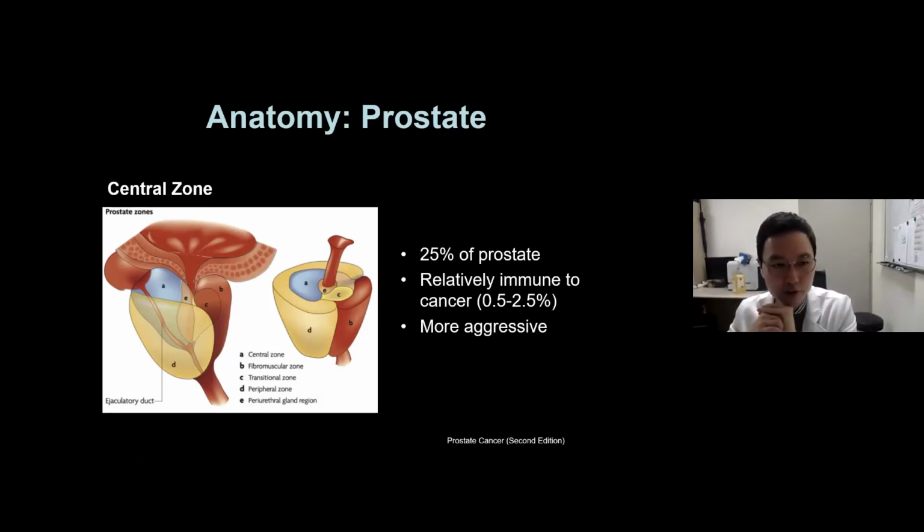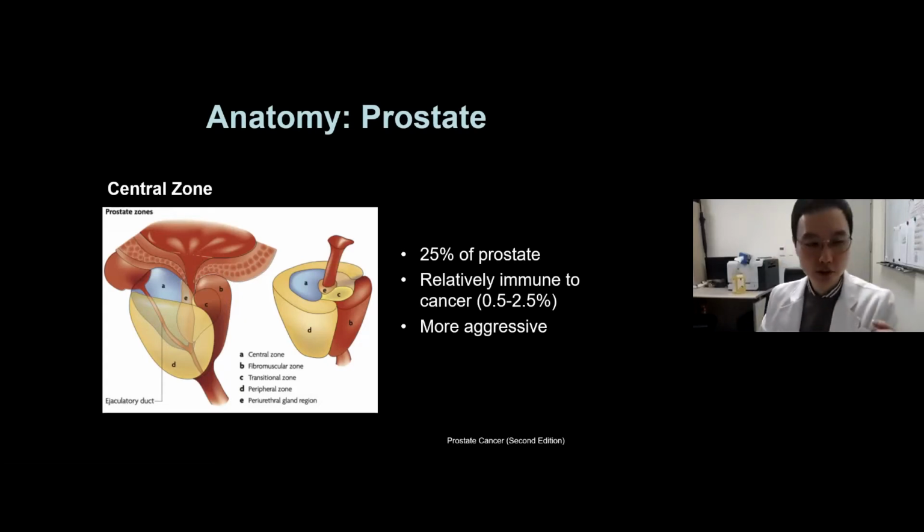It comprises 25% of the prostate. The interesting point is that it is relatively immune to cancer, so the prevalence of tumor in this central zone is quite low. However, if a cancer arises from this central zone, it usually has very aggressive features.